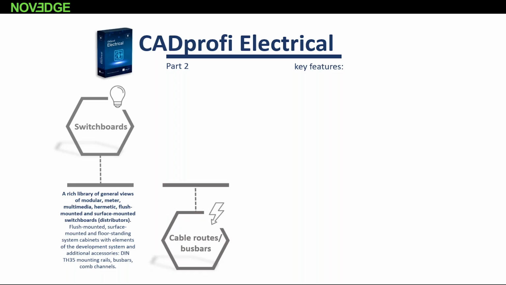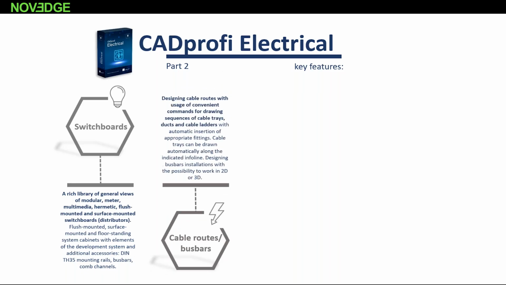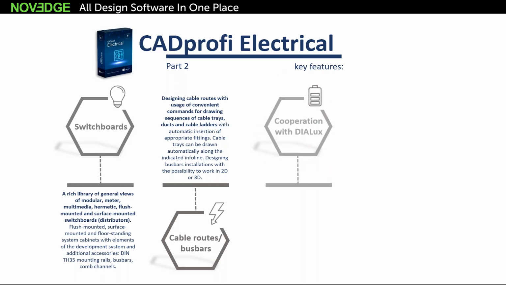We have also cable routes and bus bars, designing cable routes with usage of convenient commands for drawing sequences of cable trays, ducts, and cable ladders with automatic insertion of appropriate fittings. Cable trays can be drawn automatically along the indicated line, designing bus bar installations with the possibility to work in 2D or 3D.